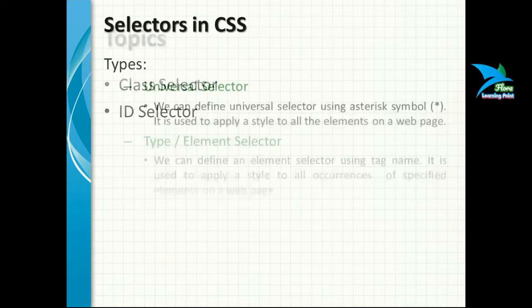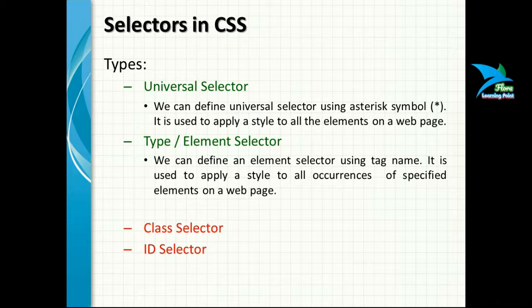So in the previous session we discussed selectors and their types, and we actually have four types. One is the universal selector, one is the element selector, and today we will discuss class and ID selectors also.